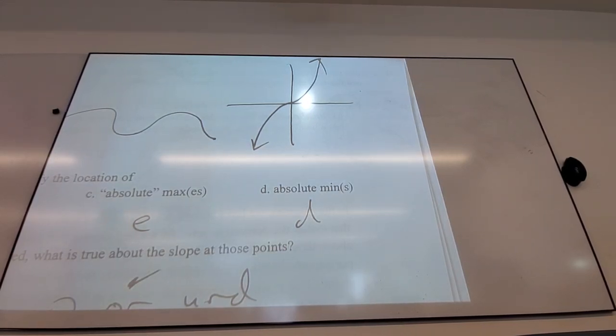Just because the slope at a point is 0 or undefined, it doesn't mean it's a max or min. It actually has to follow that idea of going up and going down, or going down and going up, yes? But how do I find all the possible candidate locations? Get the derivative, set it equal to 0, or see where it's undefined. That's all the places where I could get a max or min.